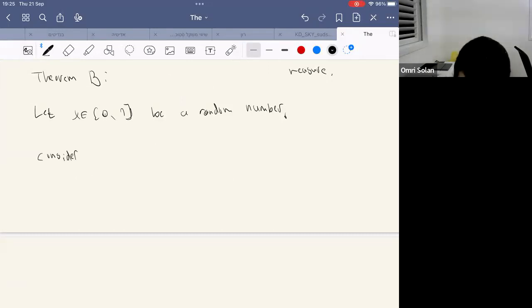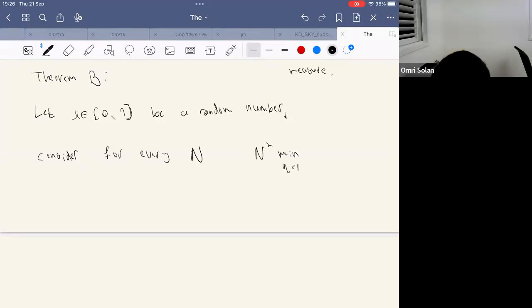Consider, for every n, this n squared times the minimum over q less than n and p of |x minus p over q|.